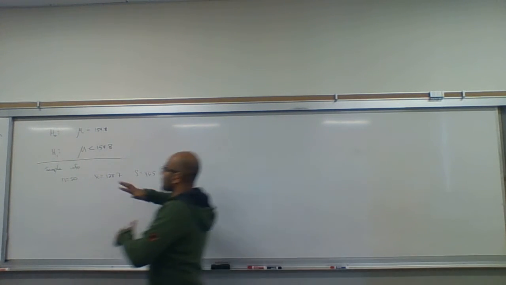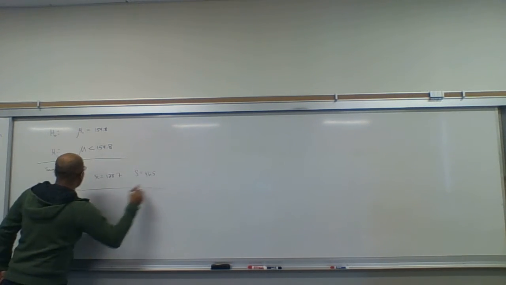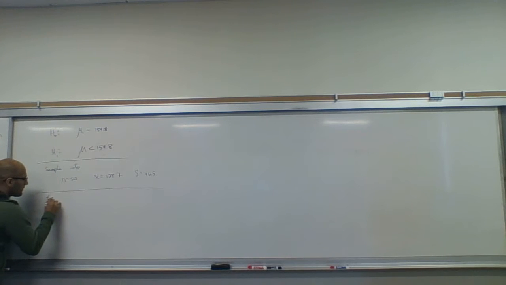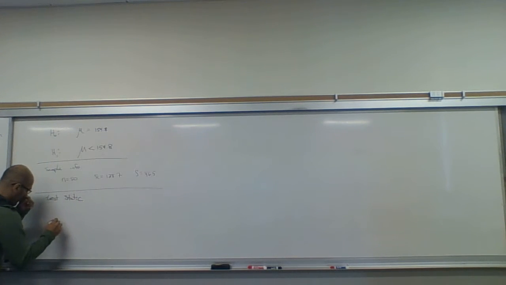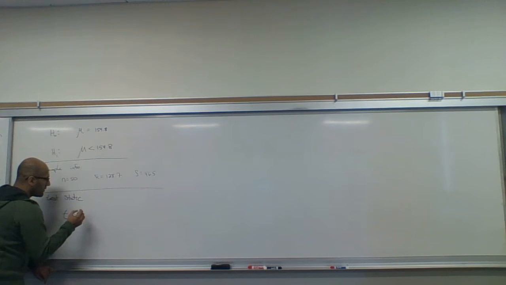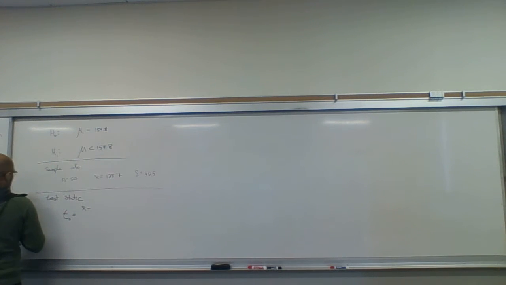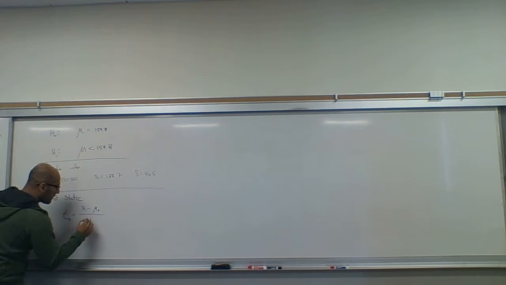So we are starting with our null hypothesis, alternative hypothesis, our sample information. The next thing you have to do is write down your test statistic. The test statistic is this formula right here. It is t sub naught equal to x bar minus, well, did they put a mu sub 0 over sigma sub 0 over the square root of n?